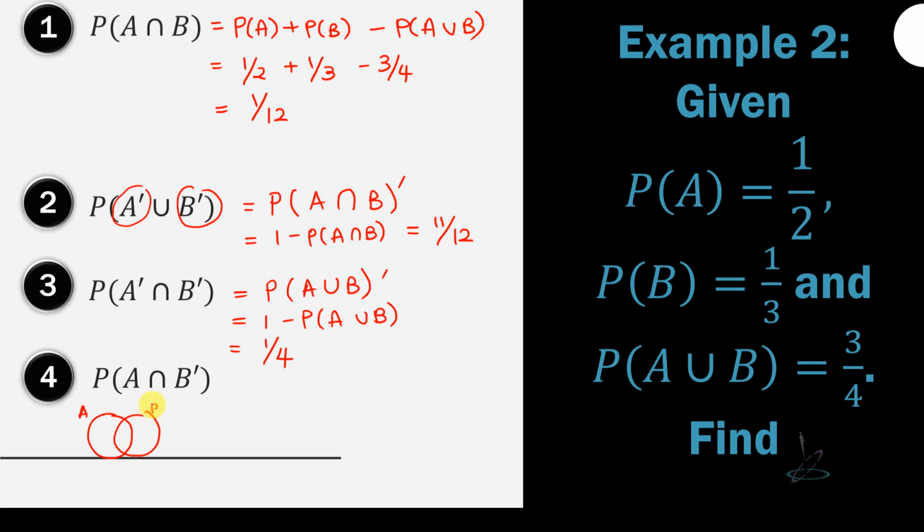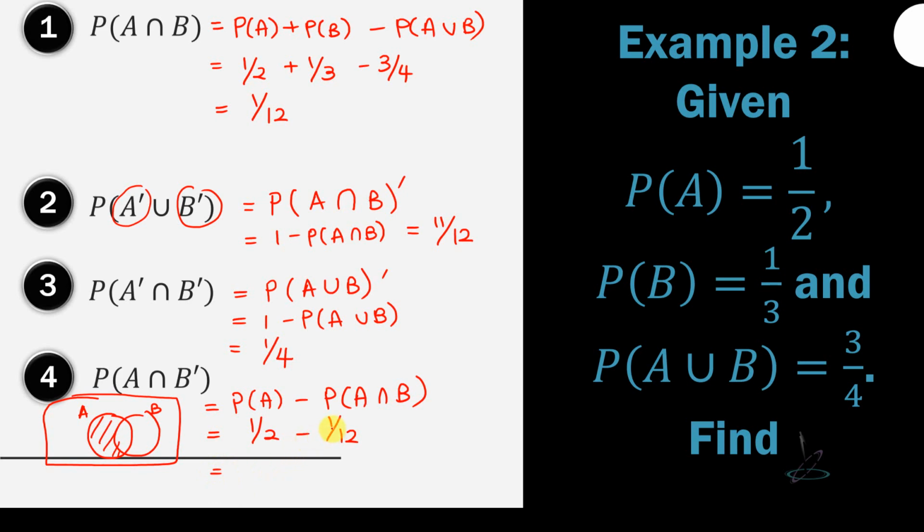This is A, this is B. It must be inside of A, but at the same time it must be outside of B. So everything here is A, but since it must be outside of B, it should only be here, because inside here is B. To translate this into a formula, it should be the big circle, probability of A, minus probability of A overlap with B. Probability of A is 1 over 2, probability of A overlap B is 1 over 12.